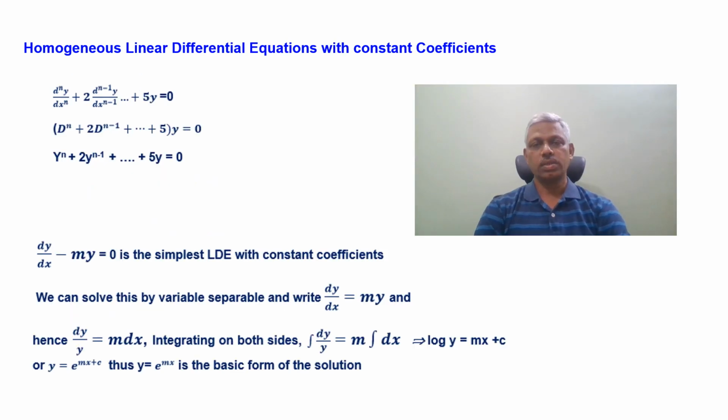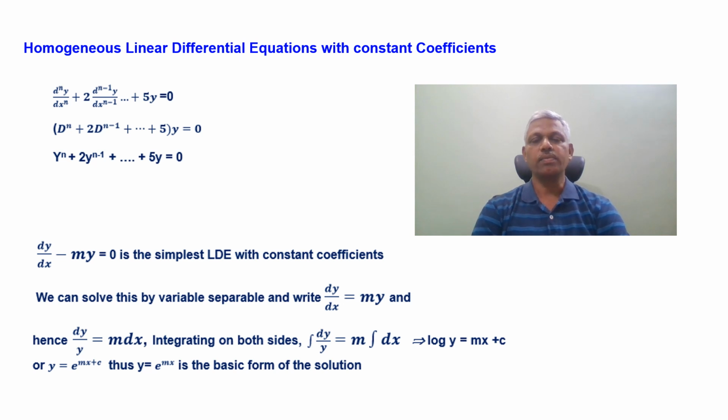Now we focus on finding the solution of the linear differential equation with constant coefficients, homogeneous equation. The simplest possible equation we can consider here is dy by dx minus my is equal to 0. From our elementary solutions of differential equations, dy by dx is equal to my can be put in variable separable form.